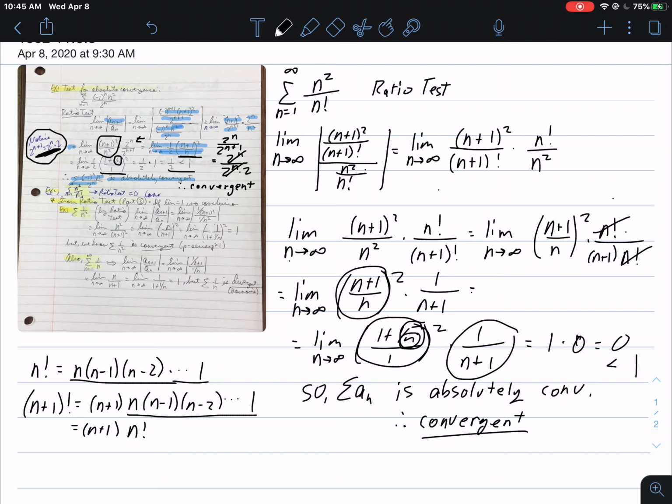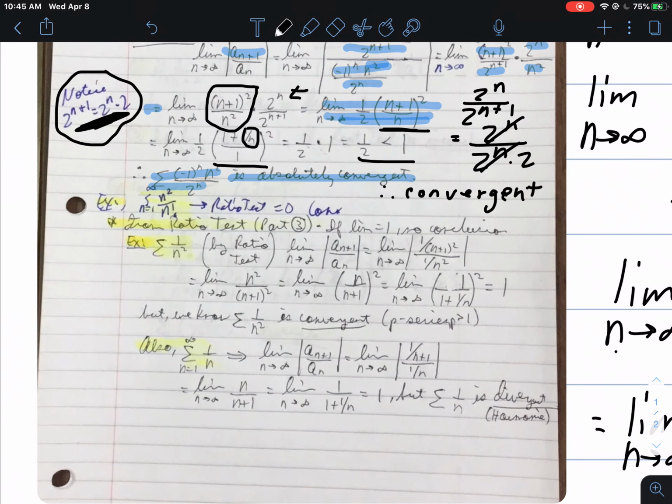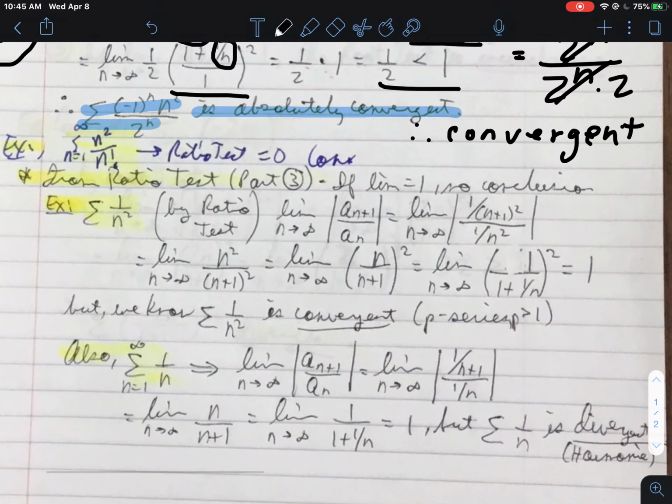So we have to keep them separate. They're two completely different tests in how we set them up and in what you are using them to determine. So be careful there. I can't emphasize that enough. I just see way too many mistakes.